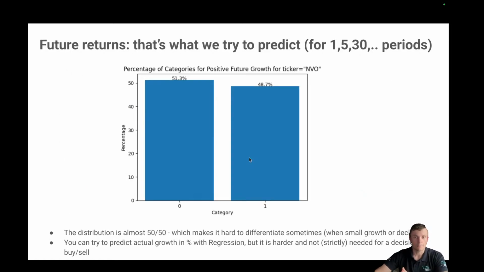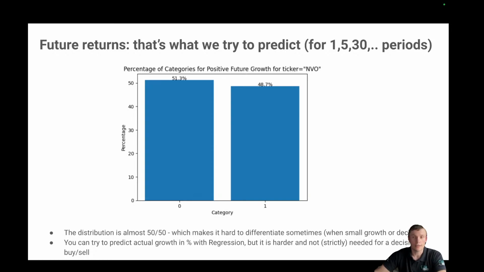And this slide is about what we are trying to predict. As I showed you, we want to predict future returns. It can be any number of periods. Say if you have hourly data, you can predict for 1 hour, for 24 hours, for 32 hours.